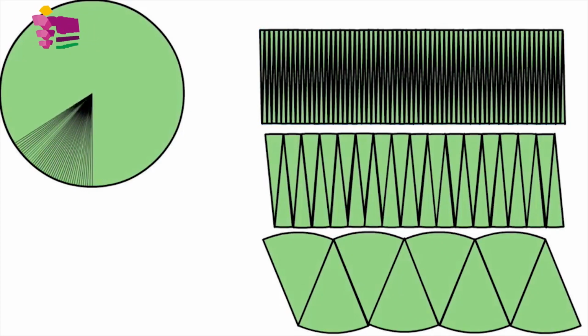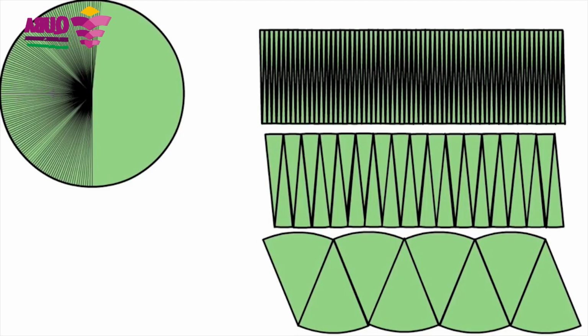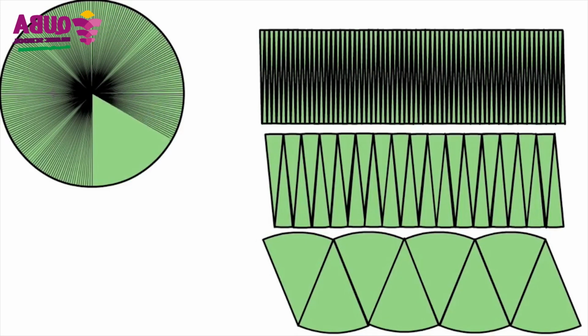So how small must we divide a circle before we can get a perfect rectangle? Well, we can keep on dividing the circle into smaller and smaller pieces.